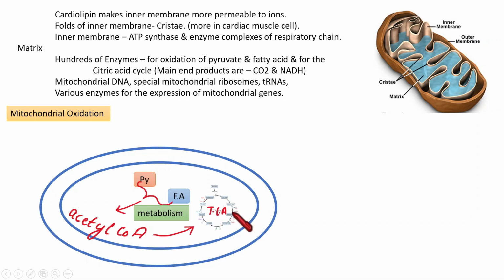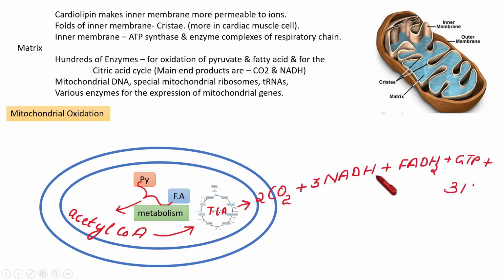As it enters the TCA cycle, what are the main end products? Two molecules of carbon dioxide, 3 NADH, 1 FADH2, 1 GTP, and 3 H plus. We need to take care of these two molecules, NADH and FADH2. They are very important.